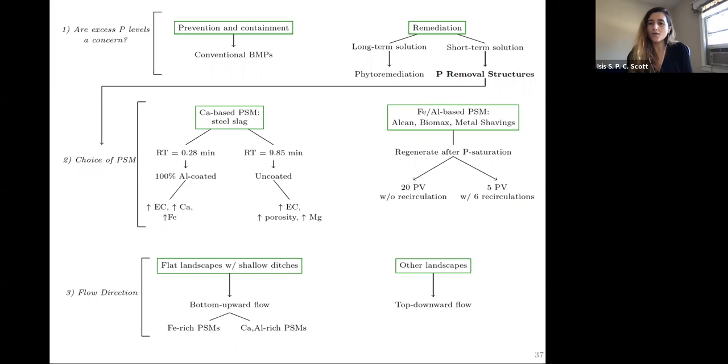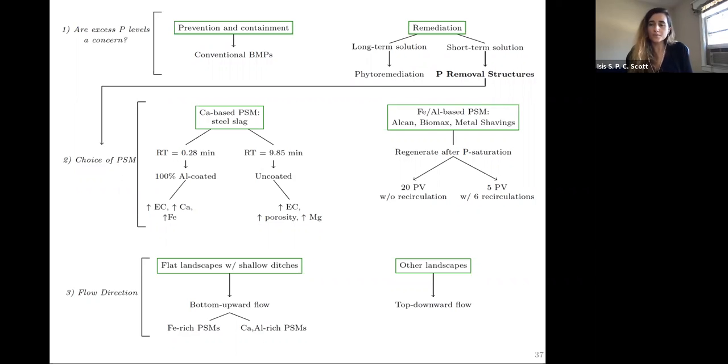If you're not very sure how well it will behave in a phosphorus removal structure, then a preliminary assessment can be made only based on the electrical conductivity, total calcium concentrations, and total iron concentrations. If a longer residence time is allowed for that phosphorus removal structure, then we can use an uncoated steel slag.